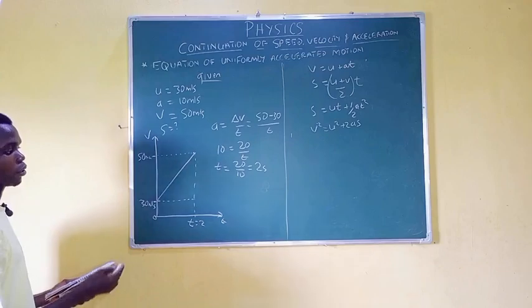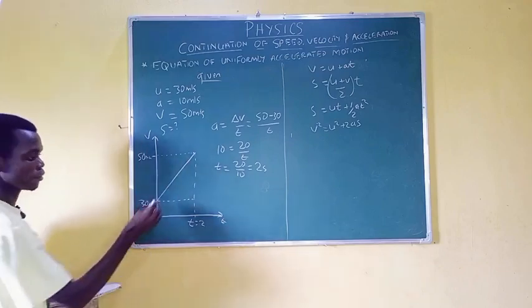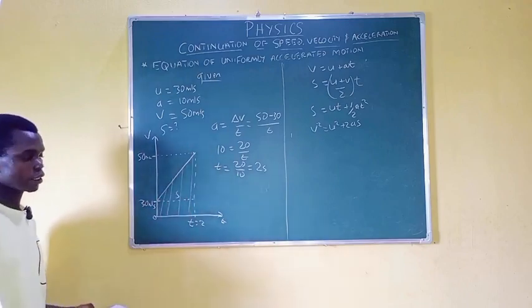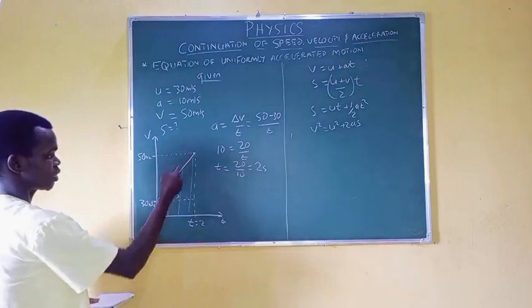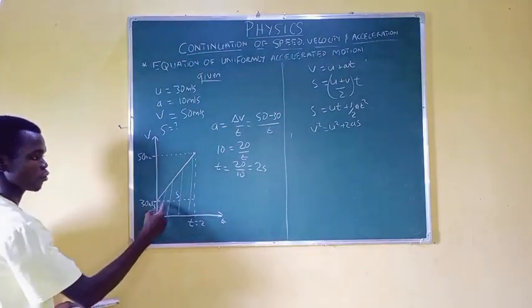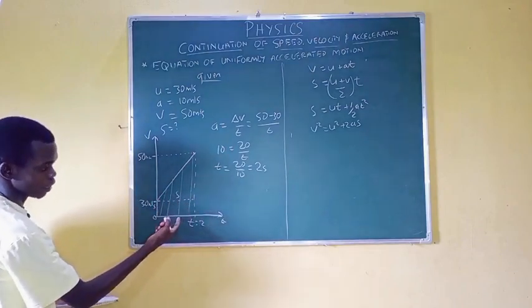We can solve it using the area under the graph, which is the distance. I know that the shape of this area under the graph is a trapezium. Area is half the sum of parallel sides times the height.